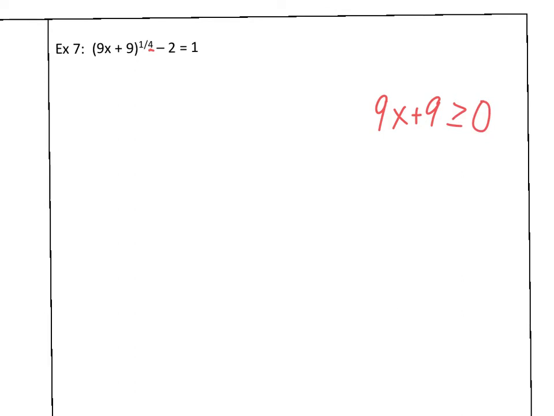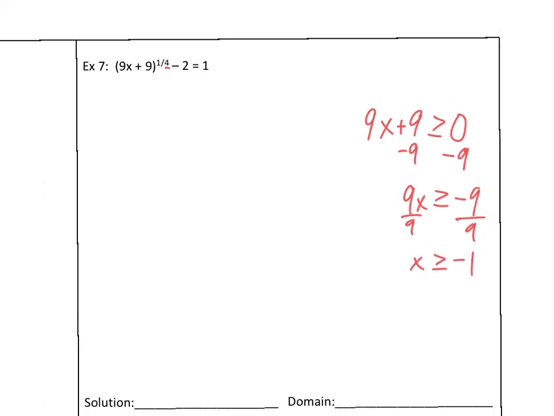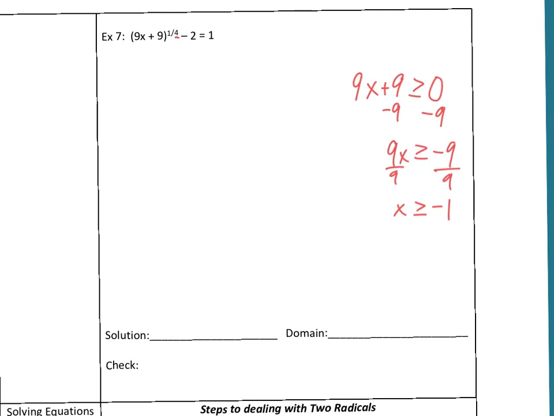When I do that, subtract the 9 over. 9x is greater than or equal to -9. Now what? Divide by 9. So x is greater than or equal to -1. When you wrote that in interval notation, what'd you do? -1 to infinity. Good.